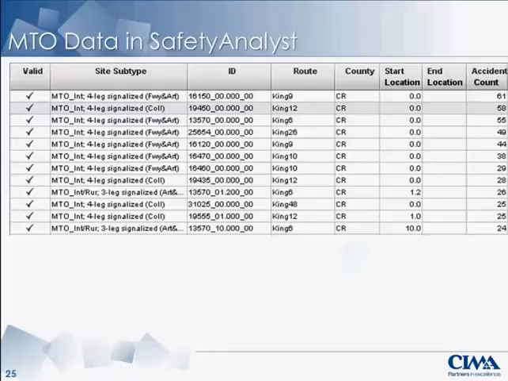And for safety purposes, you need different types of information, different data types. If they're not integrated in one environment, it's very difficult and labor-intensive to get information about only one location. But in this software, all the data types are integrated. So you have your infrastructure data, you have your volume data, you have your collision data.